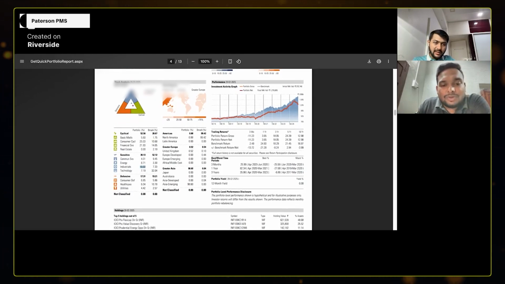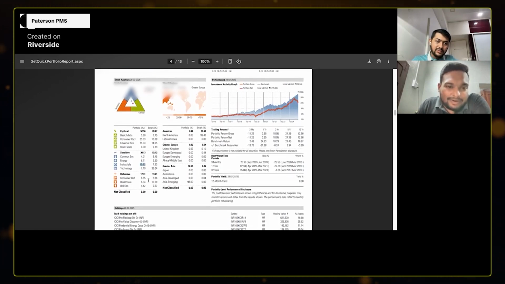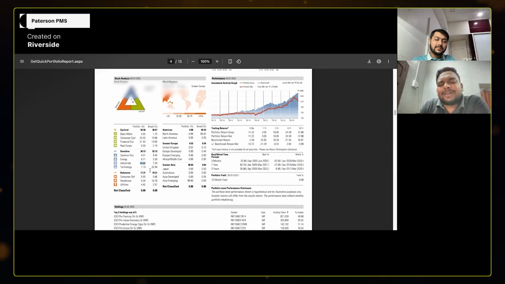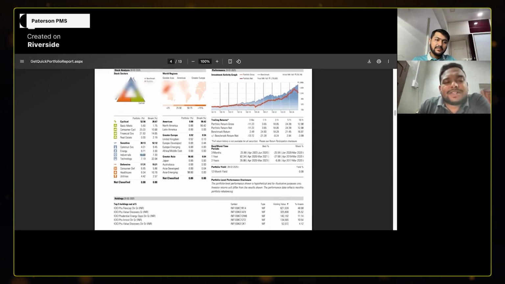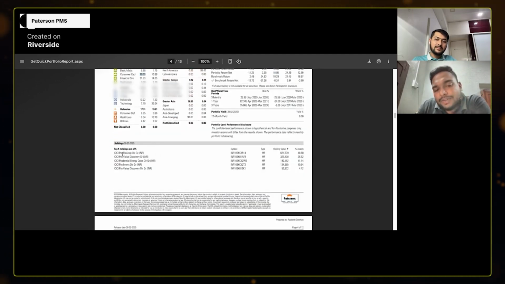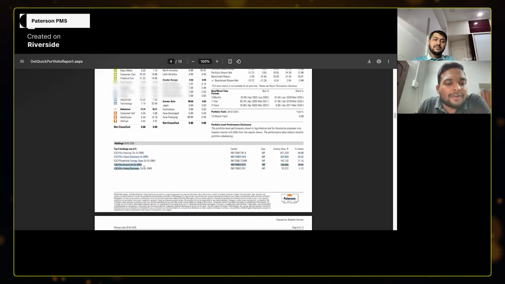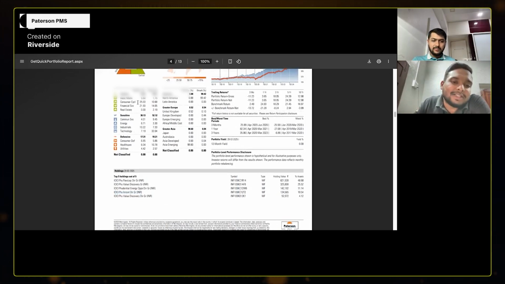I see they are heavily invested in the consumer sector too. It doesn't mean that any one fund is heavily invested in the consumer cyclical sector. It might be that out of these five funds, this fund has more allocation toward consumer, or this fund has more allocation toward consumer, and in return, at the portfolio level, it happens like this.